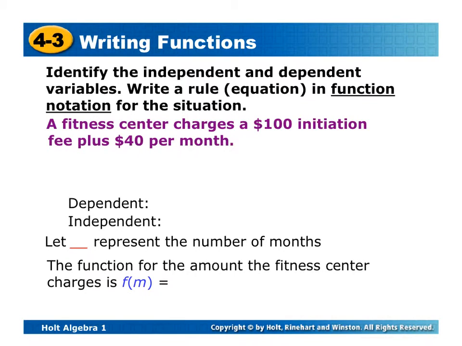Here a fitness center charges a $100 initiation fee plus $40 per month. So our dependent is going to be the amount charged and the independent is going to be the number of months.